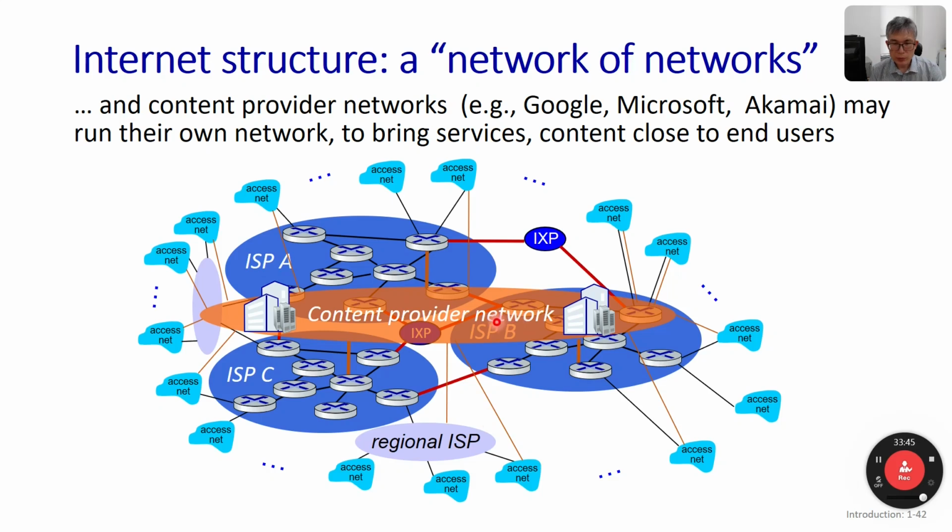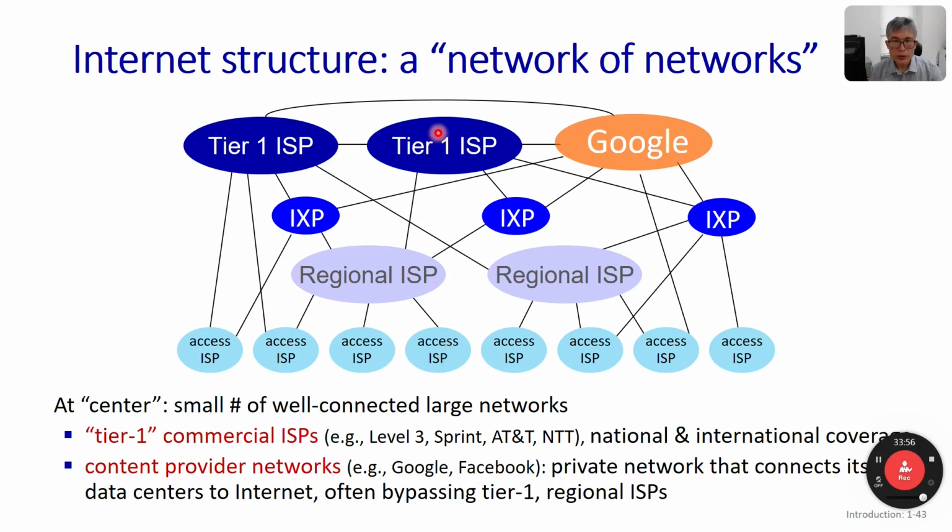In the internet structure, we have tier 1 ISPs and tier 2, which is a kind of regional ISP, connected to ISPs through internet exchange points or dedicated line links.